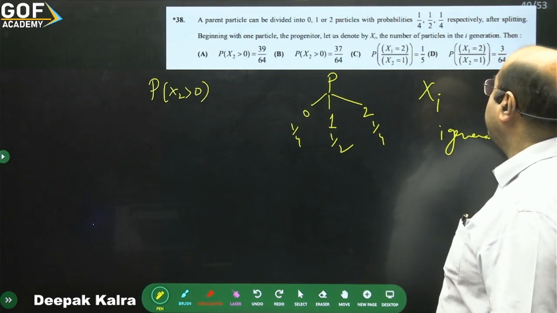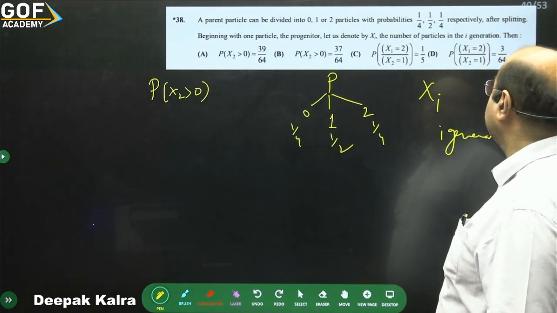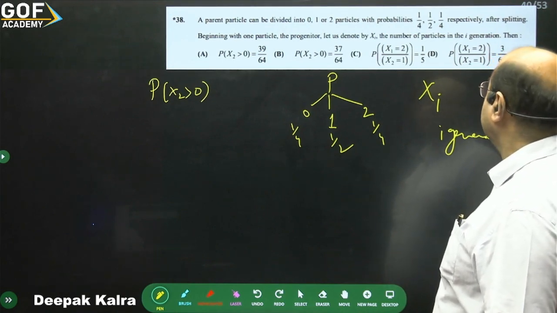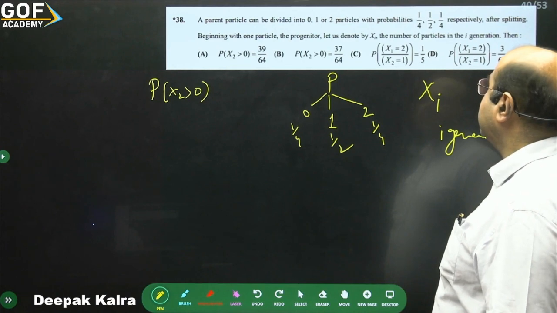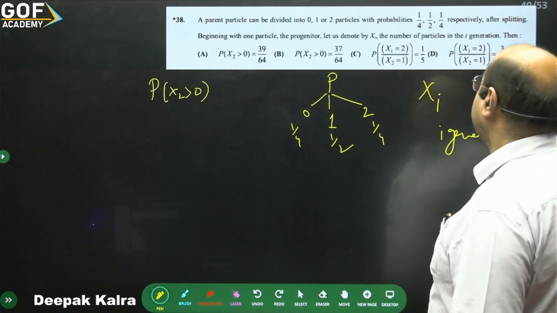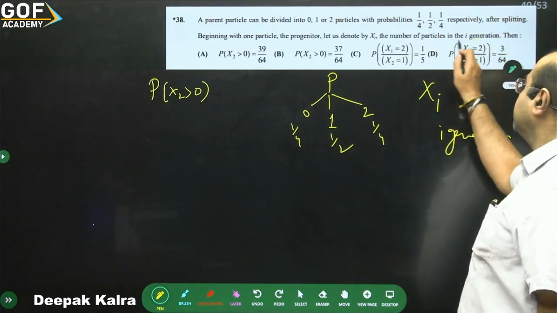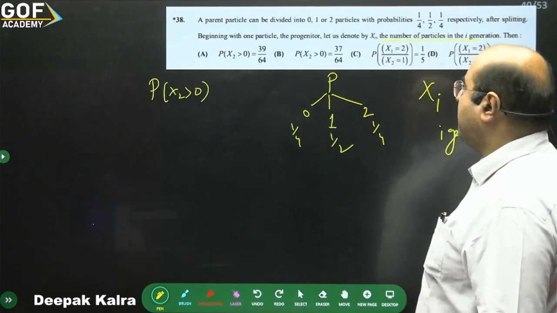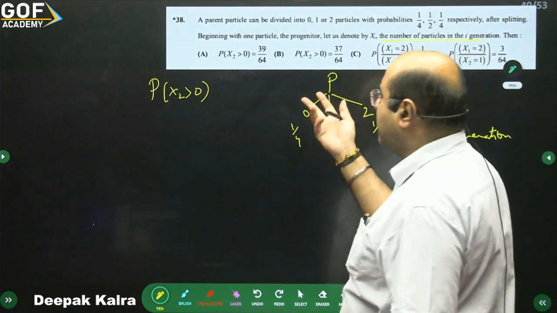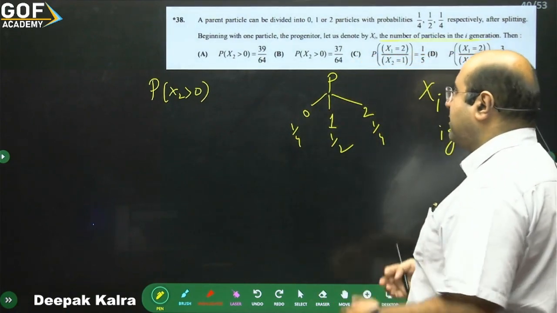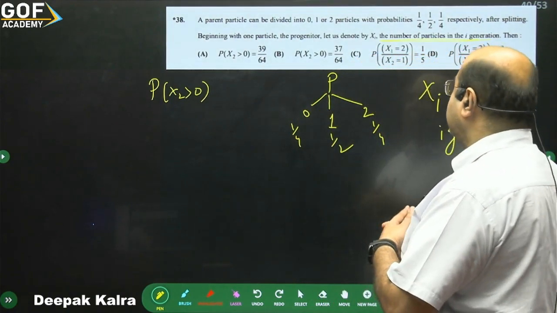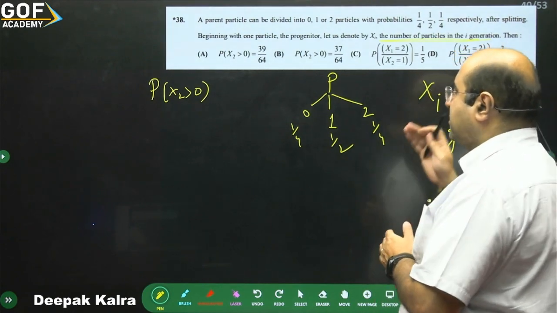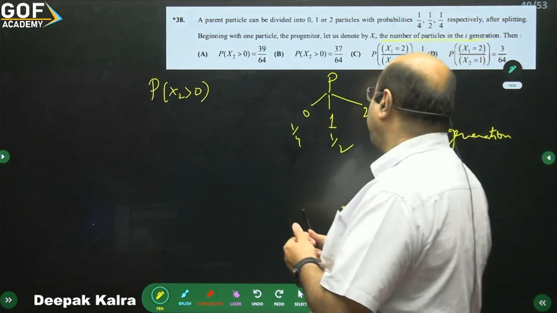Let us denote Xi, the number of particles in the i-th generation. So X2 is the number of particles in the second generation. It means this. Xi denotes the number of particles in the second generation. Just like I feel, it is a kind of normal distribution type of thing. So it keeps on splitting.